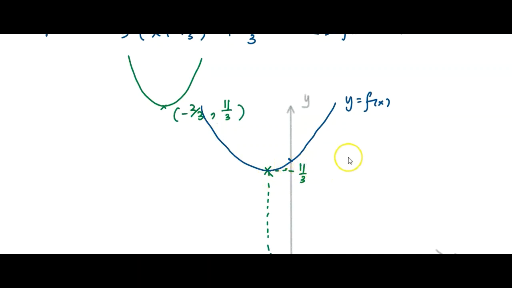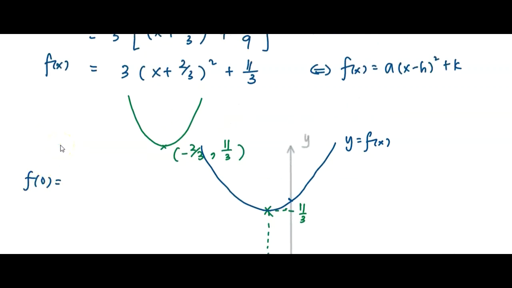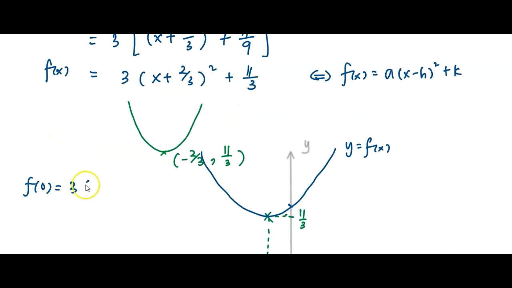This y-intercept you can find by substituting x equals 0 into the function. You have 3 times 2 over 3 squared plus 11 over 3. You get this as 5. So the y-intercept is 5.